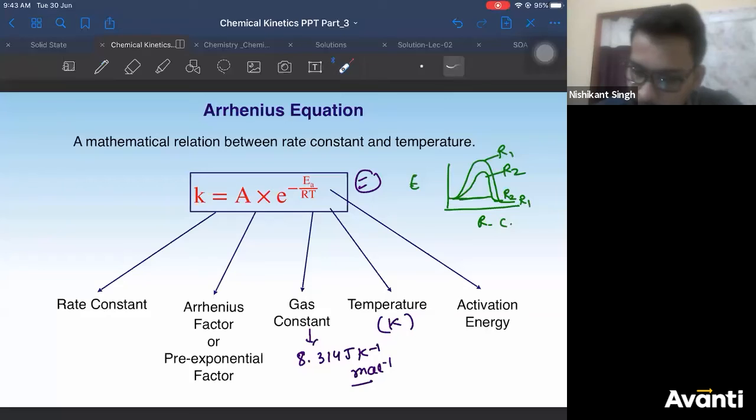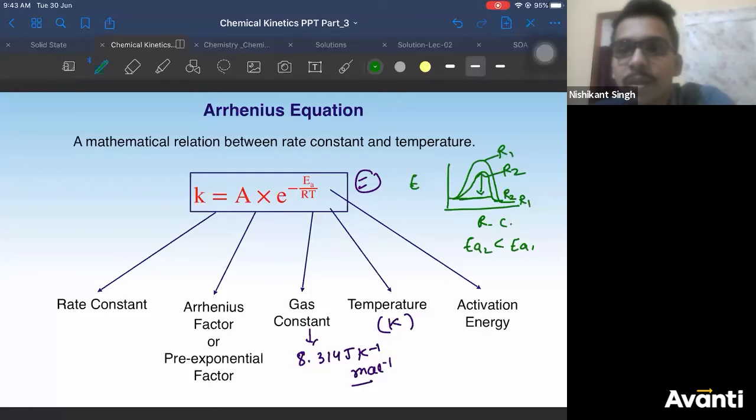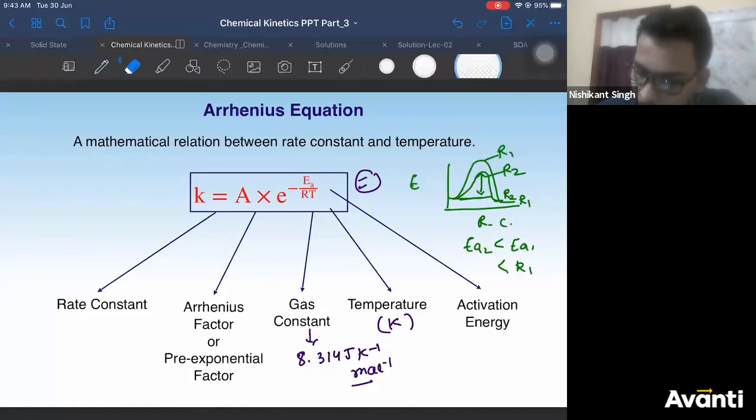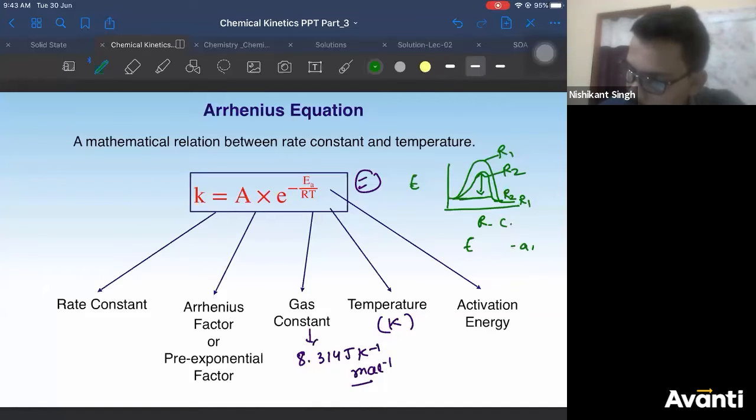Why is it faster? Because activation energy in second is less than activation energy in first. Correct? So if you increase the activation energy, rate decreases. If you increase the activation energy, rate of reaction decreases. K2 will be greater than K1.